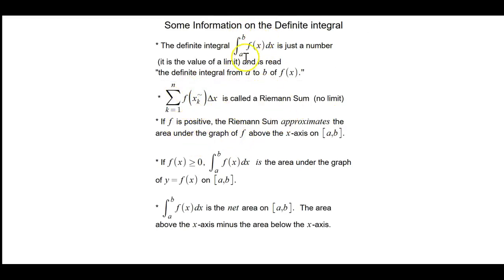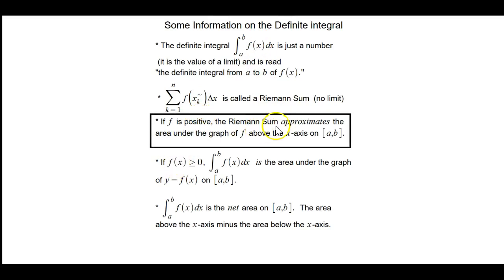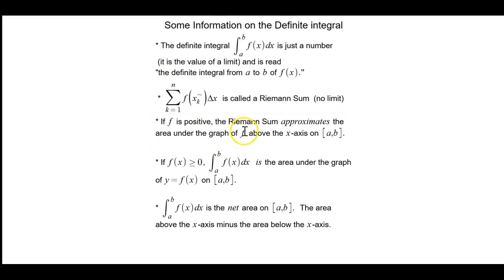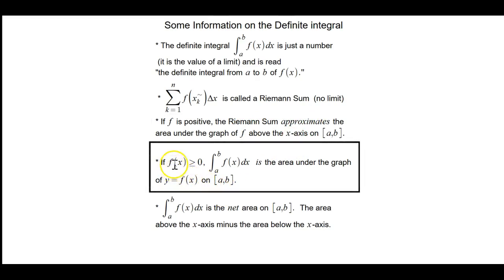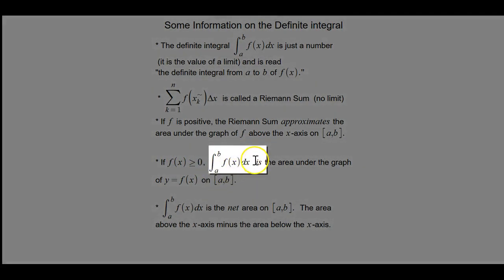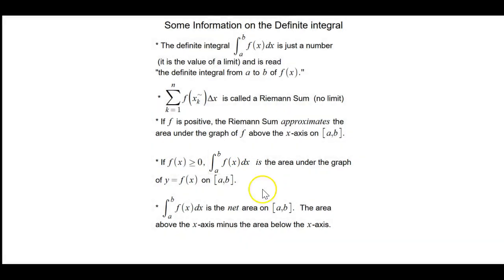Now, if f is positive, meaning all of its values lie above the x-axis, the Riemann sum approximates the area under the graph of f and above the x-axis. And if f of x is positive for all values on [a, b], then this definite integral is the area under the graph. It's not an estimate. It's the exact value.